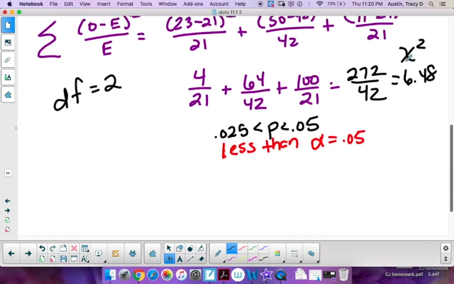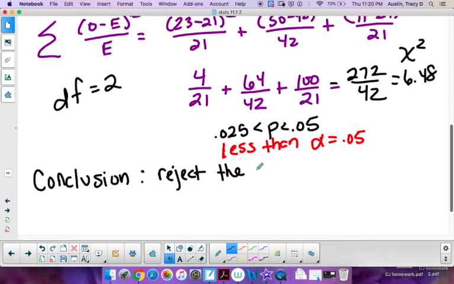Okay, because the bigger the chi-square gets, the larger the differences between what should have been and what you actually see. So we have to go back and look at the one that was the farthest off. So our conclusion in this case, because our p-value is so small, is that we are going to reject the null. If we reject the null, it means we have enough evidence that the alternative is correct.